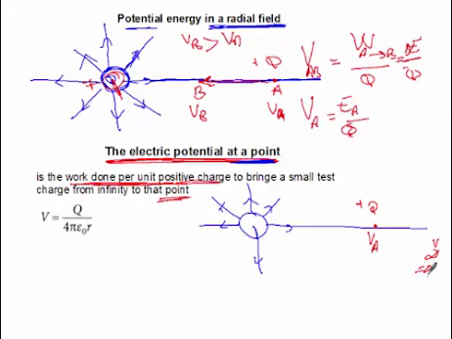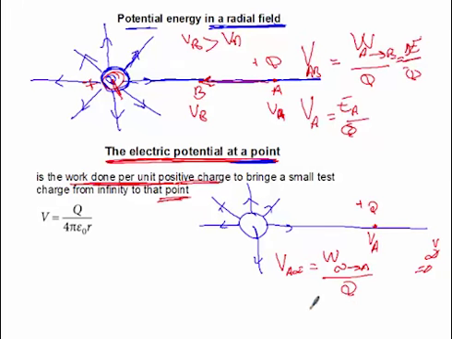So when we are bringing a point from infinity to point A, there is a potential difference between A and infinity. It will be the work done to bring the point from infinity to A per charge.